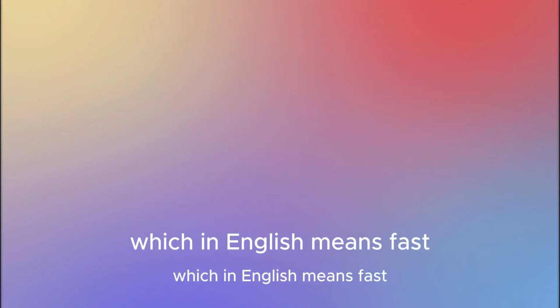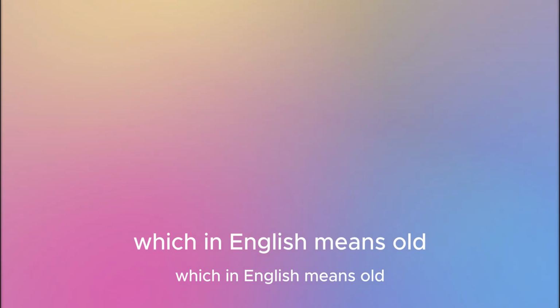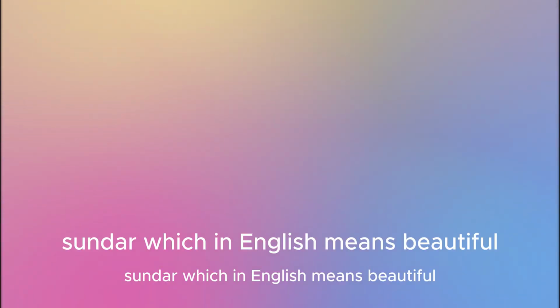Tez, which in English means fast. Dhima, which in English means slow. Purana, which in English means old. Naya, which in English means new. Sundar, which in English means beautiful.